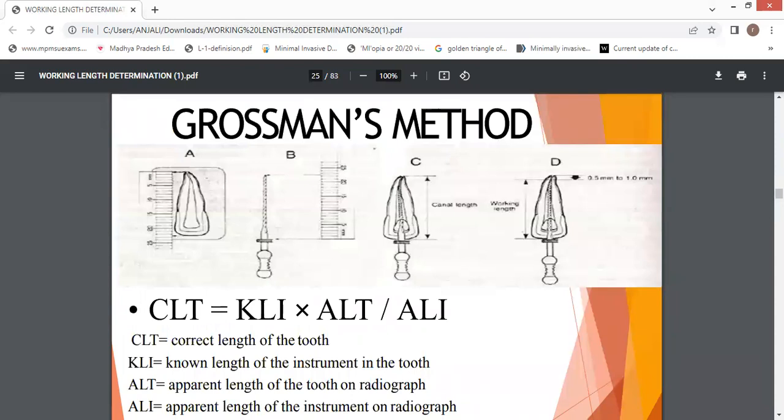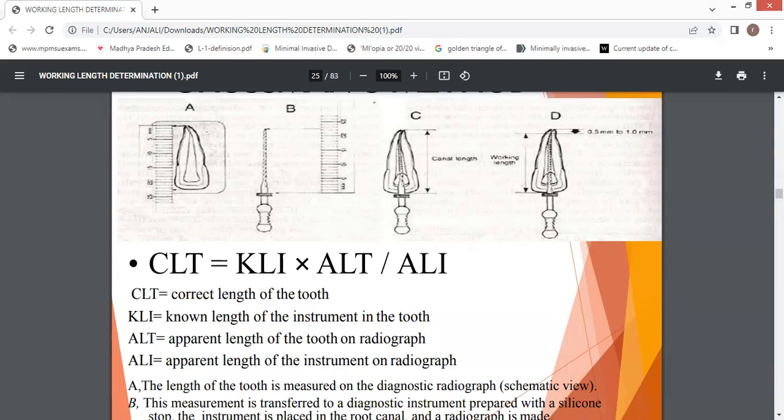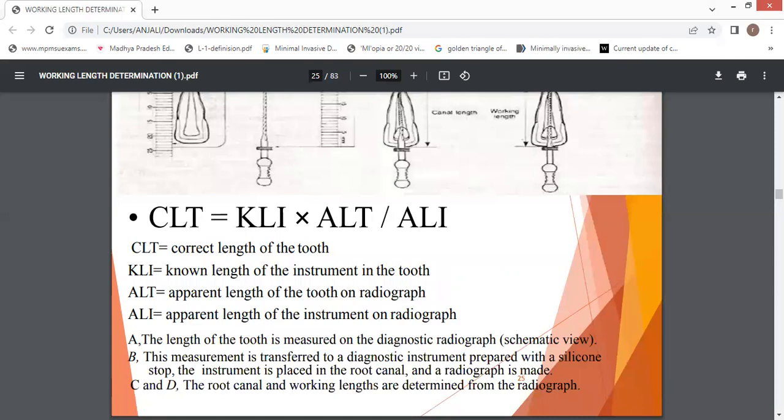Grossman's method. In Grossman's method, there is a formula: CLT = KLI × ALT / ALI, where CLT is the correct length of the tooth, KLI is the known length of the instrument in the tooth, ALT is the apparent length of the tooth on the radiograph, and ALI is the apparent length of the instrument on the radiograph.